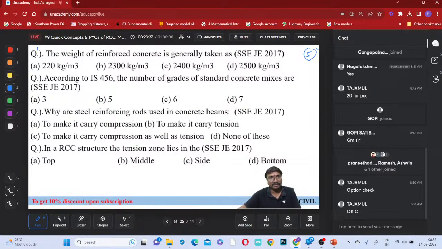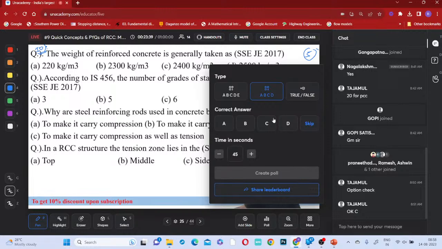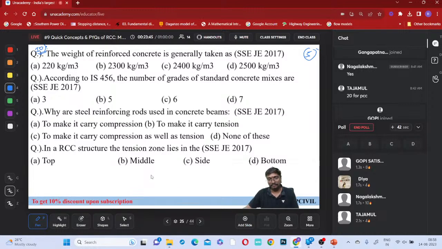So this is your 10th question. Reinforced concrete, it is not plain concrete, right?